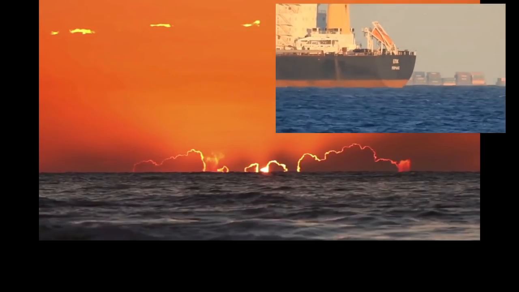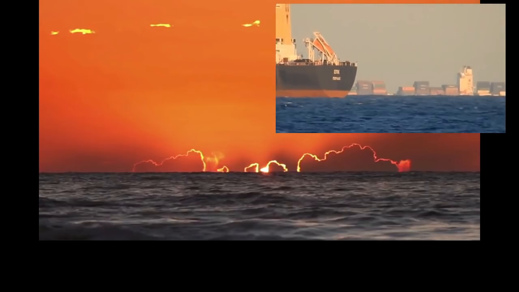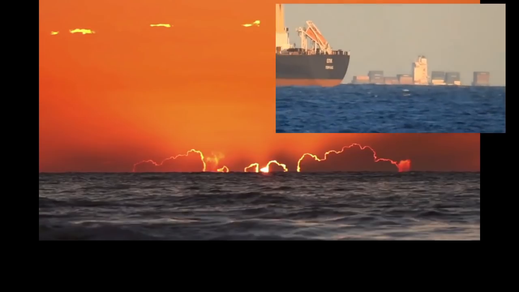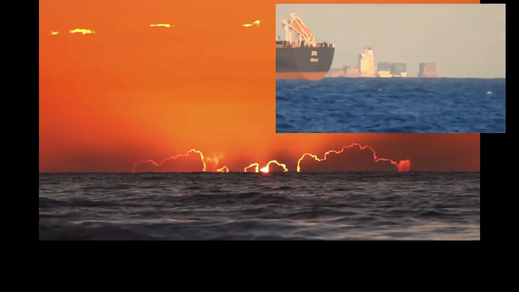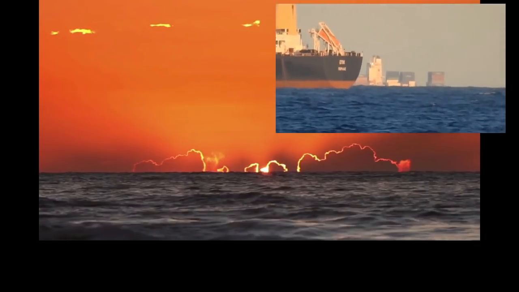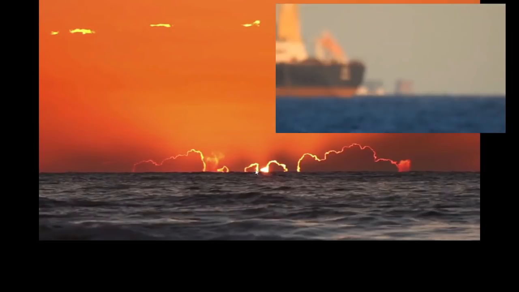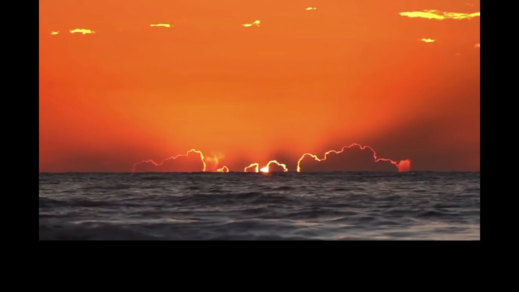That is because this is taken at a very low level to the surface. You can see in the foreground here that the camera is hardly any height above the surface. So that's what gives us a very short horizon. It might be as much as 1 or 2 kilometers.